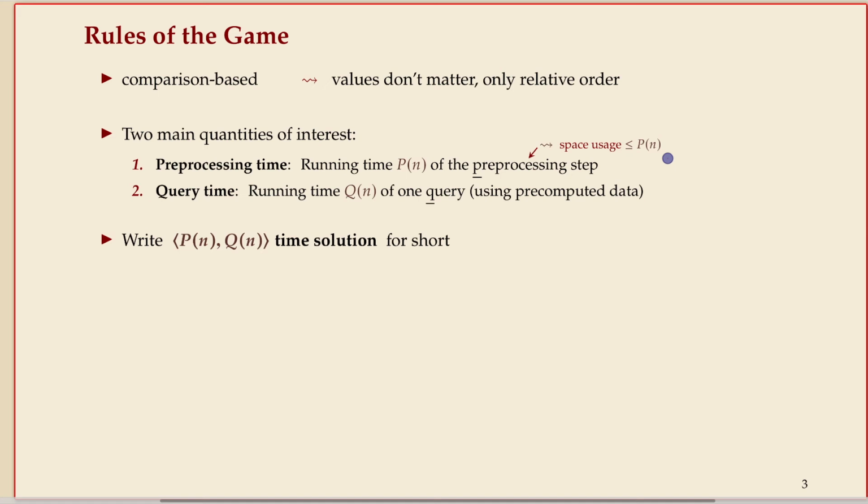You cannot really use more space than you have time to write something during pre-processing. And we'll see that in the cases here, the interesting space bounds directly follow from that. So the space is never more than the pre-processing time, and that's good enough for us. Otherwise, we would have a third dimension. You could also talk about reducing the space further. Good so far?